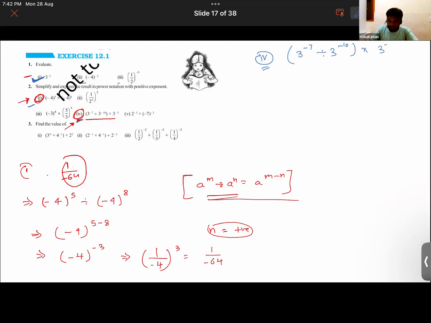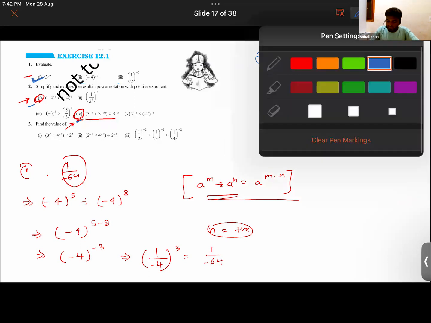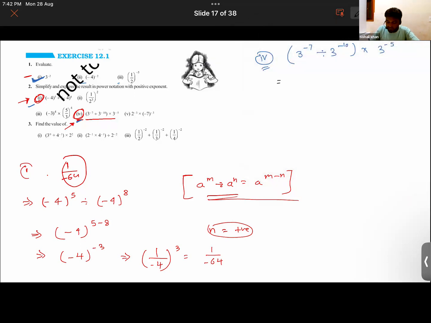Arham, come a little bit closer to your mic. Minus 13. Let's check it. I'm getting a different answer from you guys. So 3 raised to the power minus 7 minus 10.